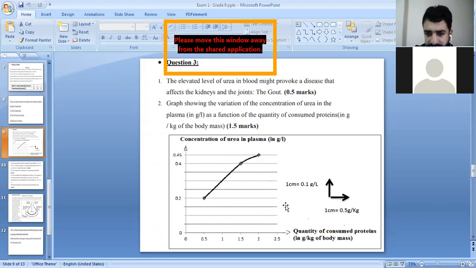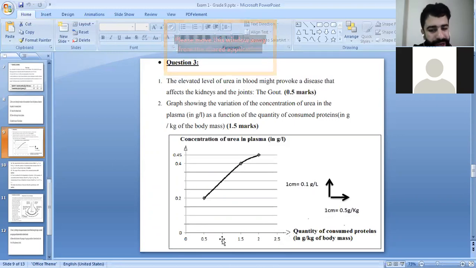This is the graph. For the graph, you have to take a well-chosen scale. Every 1 centimeter represents 0.5 gram per kilogram: 0.5, 1, 1.5, 2, 2.5. I'm not going to move 0.5, 1.1, 1.6, 1.7, every time a different step. You have to respect your scale, or your graph is not going to be correct.